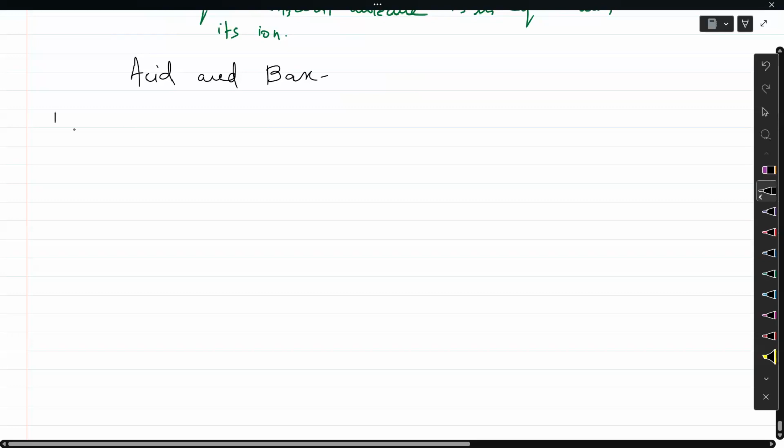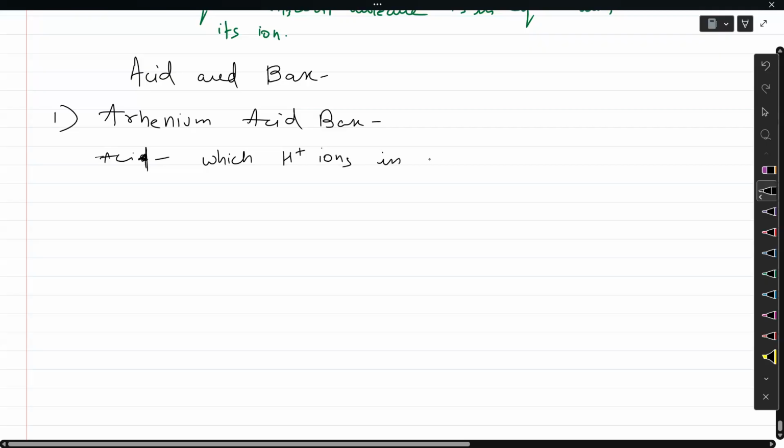The first one we will study is Arrhenius acid and base. Arrhenius was a scientist, the first one to define what acids and bases are. For acids, he said that acids are substances which give H plus ions in water.